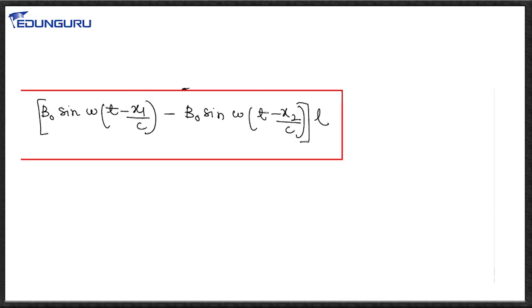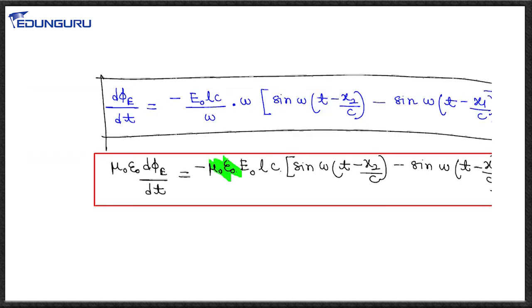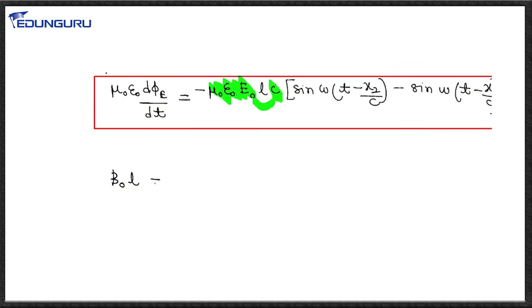So on comparing these two expressions, what we get is B naught L is equal to mu naught epsilon naught E naught C into L, right?